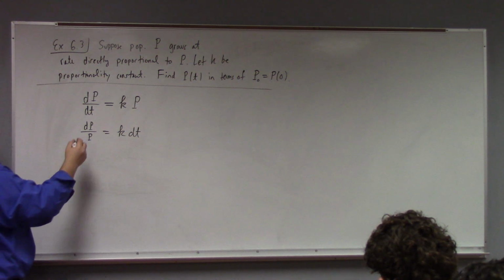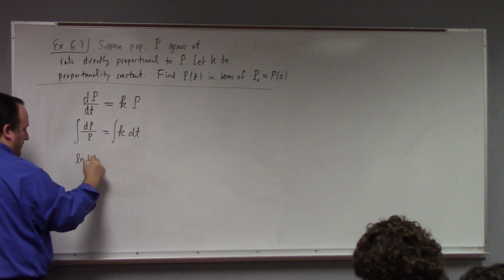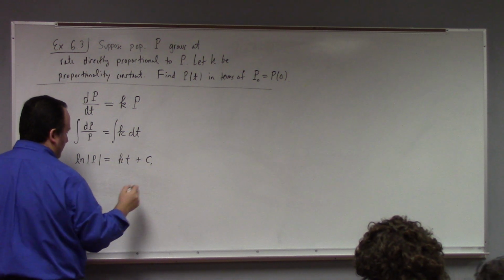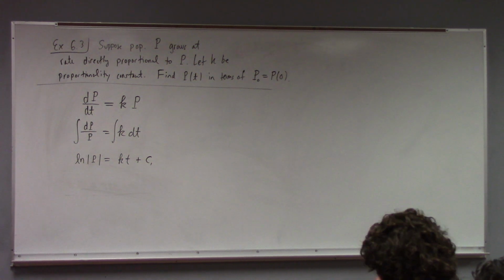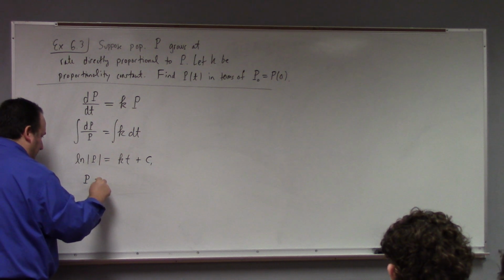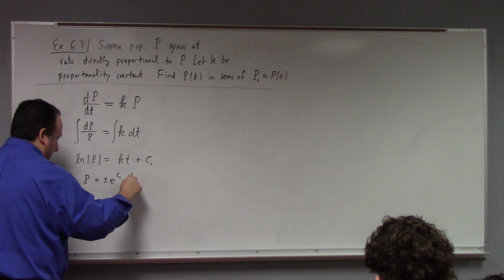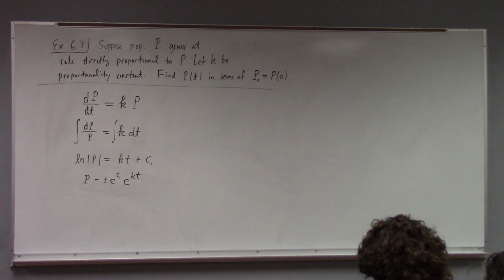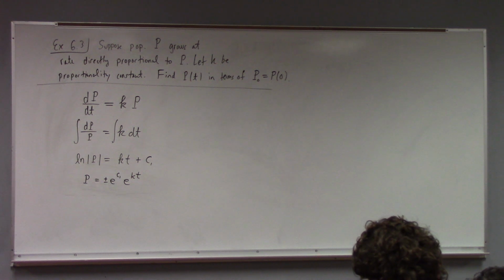Integrate both sides. Log of the absolute value of P equals k times t plus, let's say, c1. If I solve for P, through the algebra we keep doing, P is equal to plus or minus e to the c1 times e to the kt, the same algebra we've gone through a couple times now. And what happens when you put time 0 into that? What do you get?